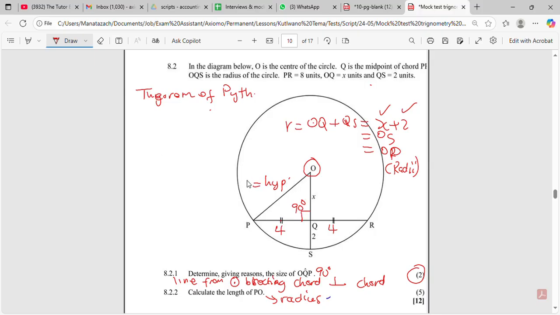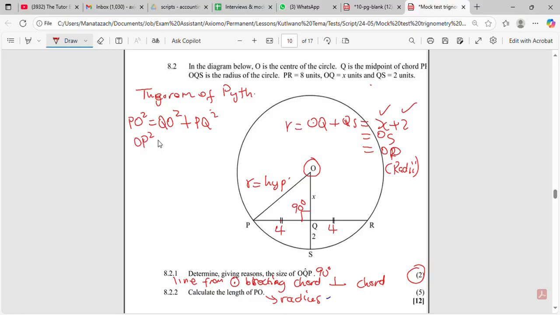So we'll say hypotenuse side, which is PO squared, is equal to this side here, OQ, or we can say QO, plus PQ squared. So this is the theorem of Pythagoras. PO, we know it's the radius, that's what we're looking for. We can call it OP. PO, OP, it's the same thing.